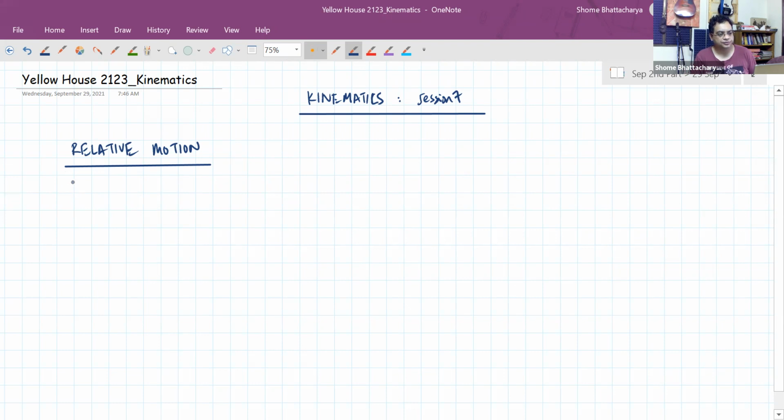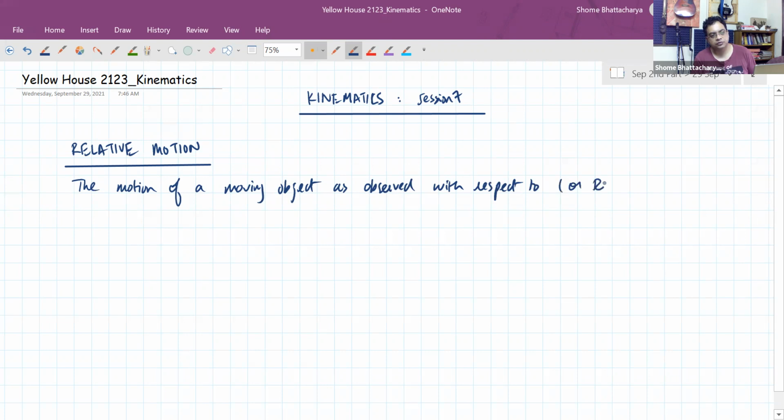So the motion of a moving object as observed with respect to, or what we say relative to, a moving reference frame.